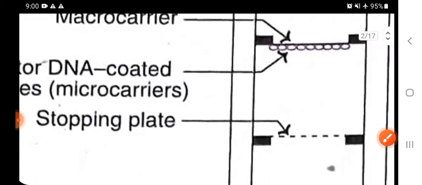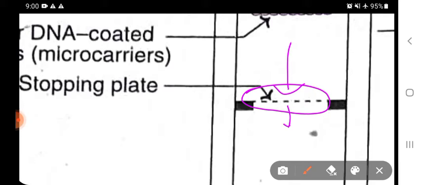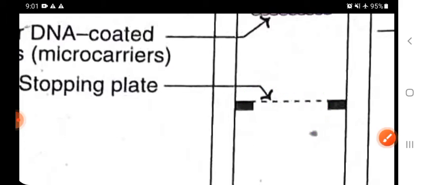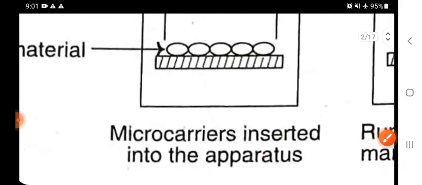Okay, there is also a stopping plate. This stopping plate prevents the macrocarrier from going further down, whereas the microcarriers can pass through it. As you can see, this stopping plate has small pores, and with the help of these pores, microcarriers can easily go downward.